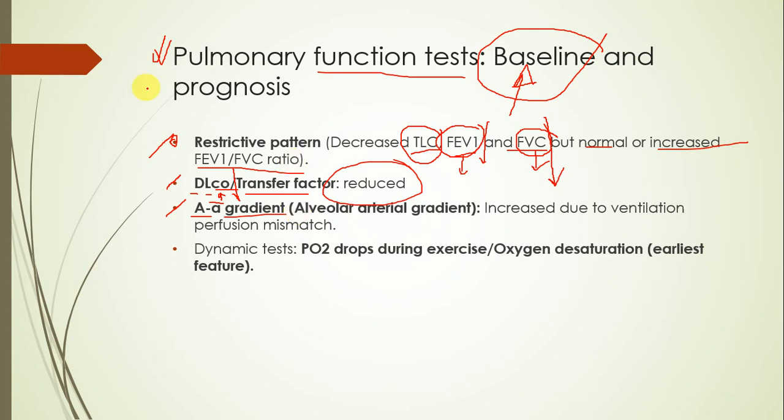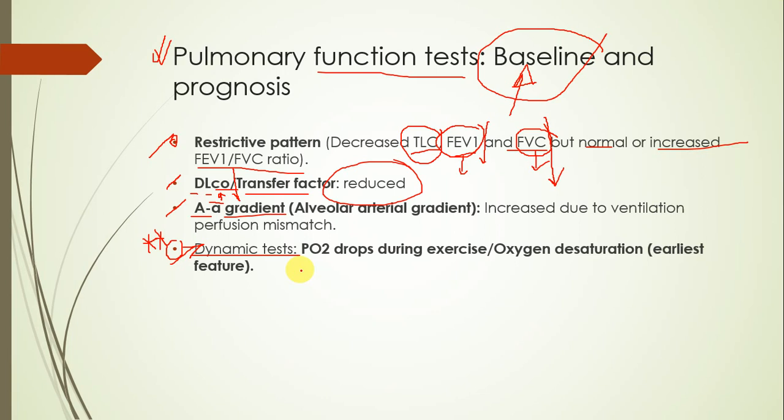And one of the tests, which you cannot say is a pulmonary function test, but I've mentioned it because I forgot to include that in the previous slide. One of the tests that you can do is a dynamic test, which is identifying a suspected patient of idiopathic pulmonary fibrosis in a very early stage.